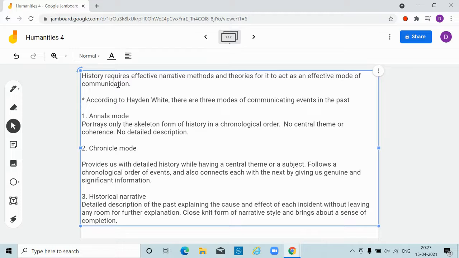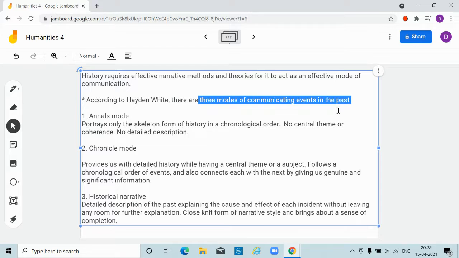For the history to be delivered properly to the intended audience, you have to adopt effective narrative methods. Now, according to Hayden White, a very popular American historian, there are three modes of communicating events in the past.